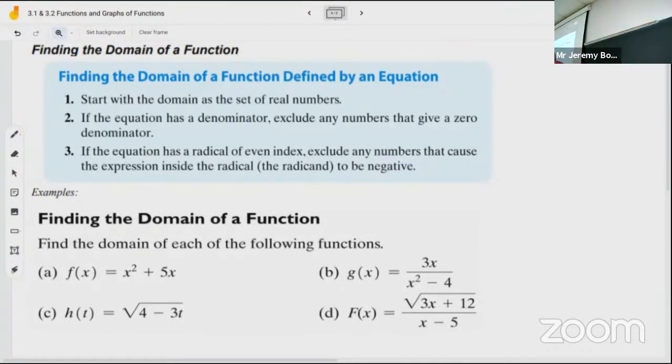Then if it has an x or whatever variable you're dealing with, a variable in the denominator, you need to remove values that make the denominator 0. If it has an even root, you need to make sure whatever's in that even root is greater than or equal to 0. Okay? So it's the same thing we used before, just now we're talking about functions.